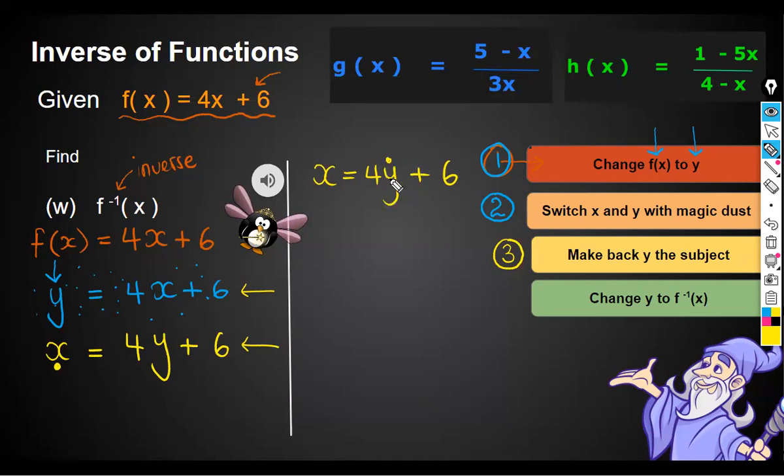So the y could end up on this side of the equal sign by himself, or it could end up on this side by himself. It doesn't really matter. But y is already on this side, so I'm going to keep him on this side. So I'm going to throw across positive 6. By now, everyone should know when you throw across positive 6, you will get what? Minus 6. But y is still not the subject.